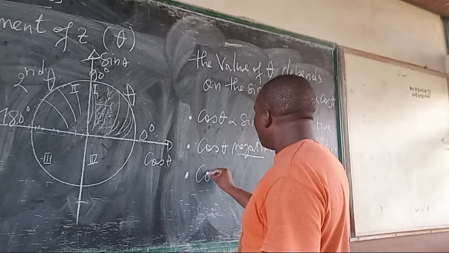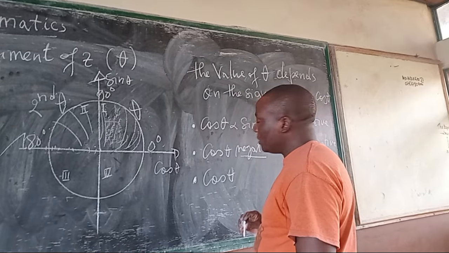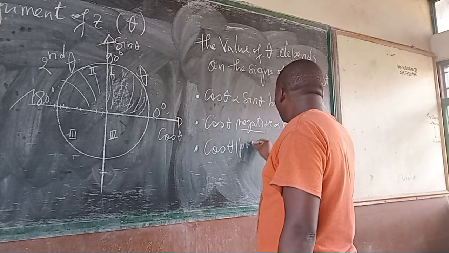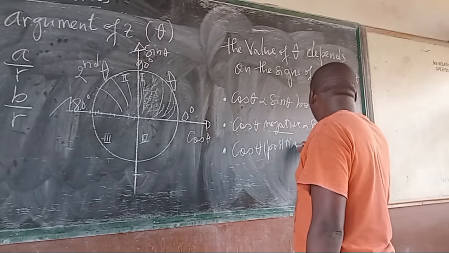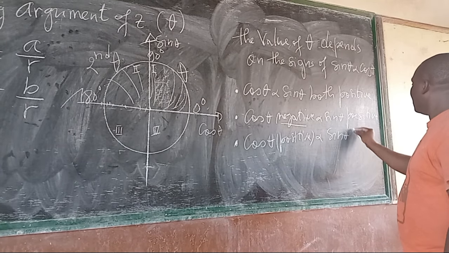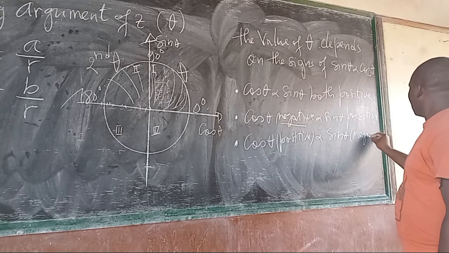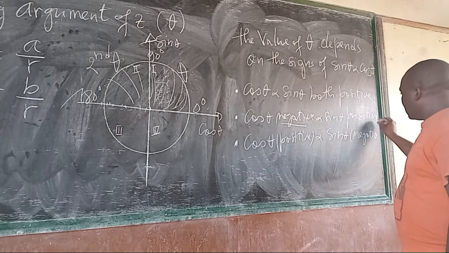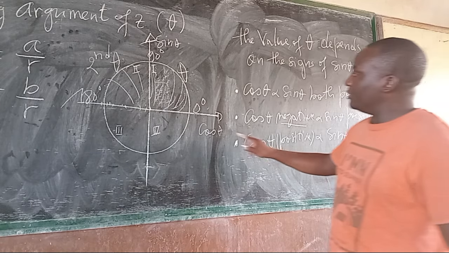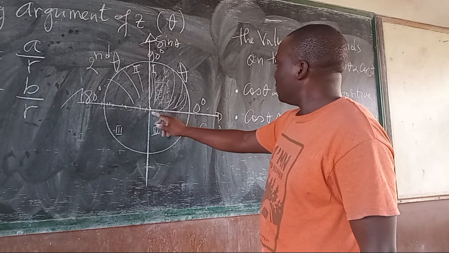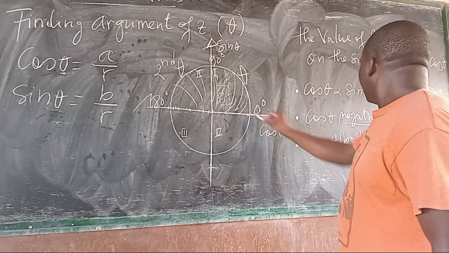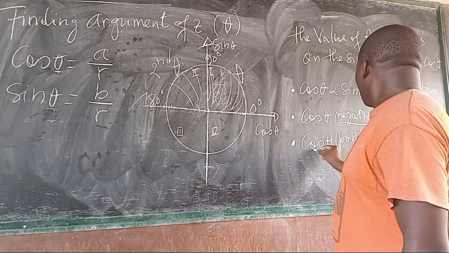Then there is the third case. If cosine of an angle theta is positive and sine of an angle theta is negative, look at the cosine positive direction.